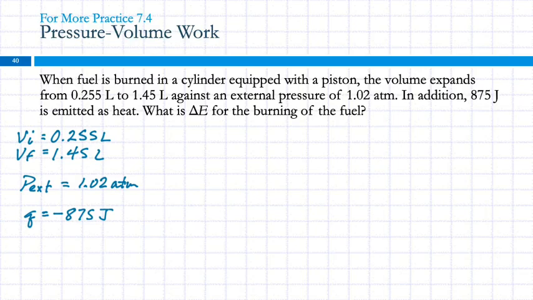They want to know what delta E is, and so we have to go back to last week and remember that delta E is equal to Q plus W. The heat transferred plus the work done equals the change in energy. So the heat exchanged is minus 875 joules plus W. I have to calculate W. W equals negative external pressure times delta V.